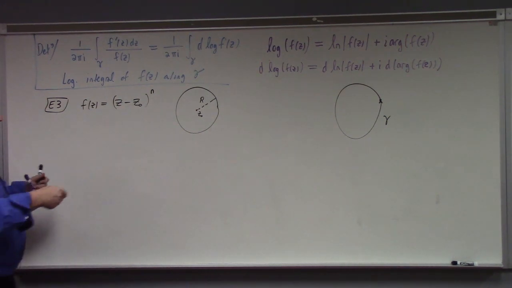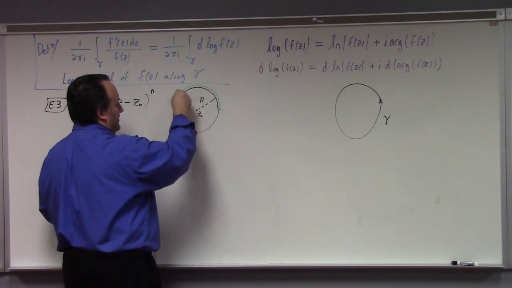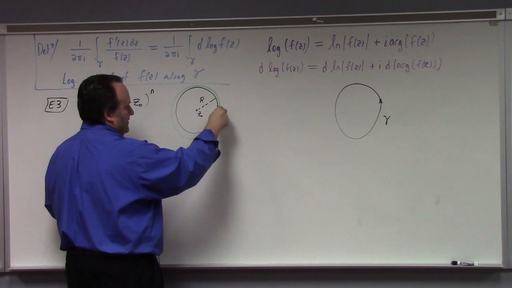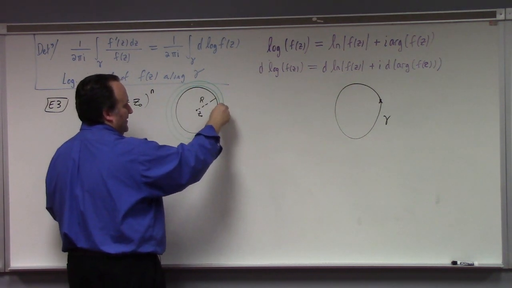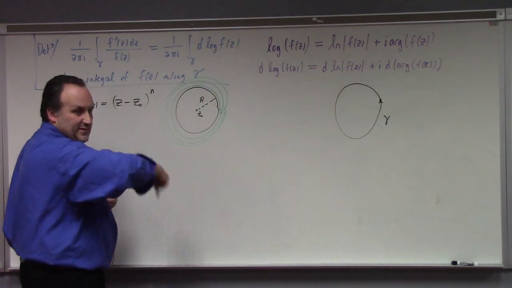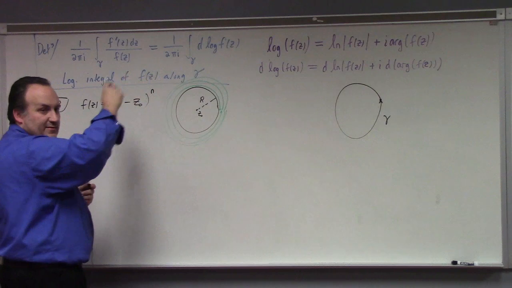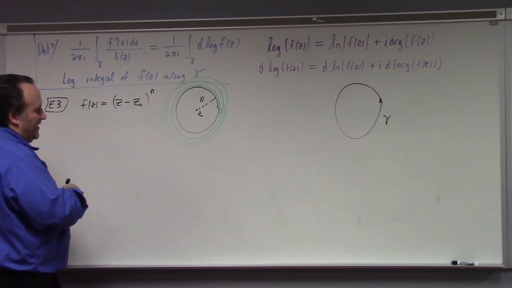Now, what does that mean? Here's k equals 1, like that. Here's 2, and 3. Well, you get the idea. We just keep going round and round k times. If k equals minus 1, that would be a clockwise turn, but I'm just going to do it for positive k, okay?